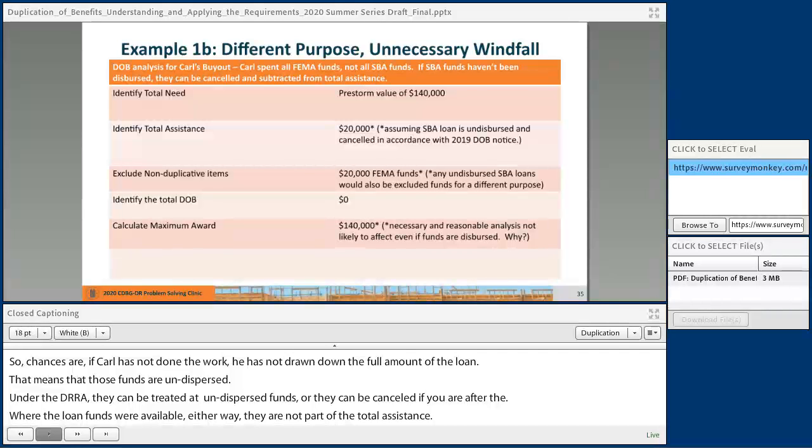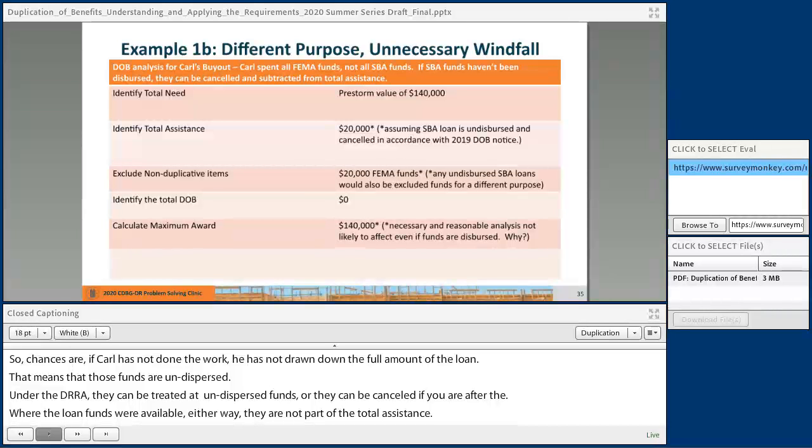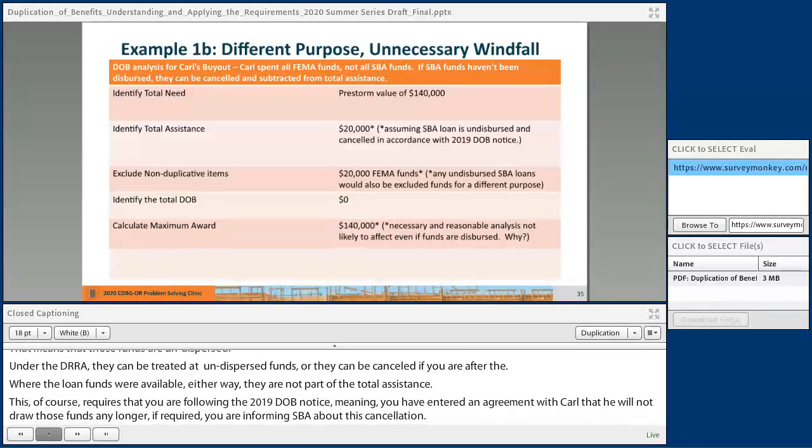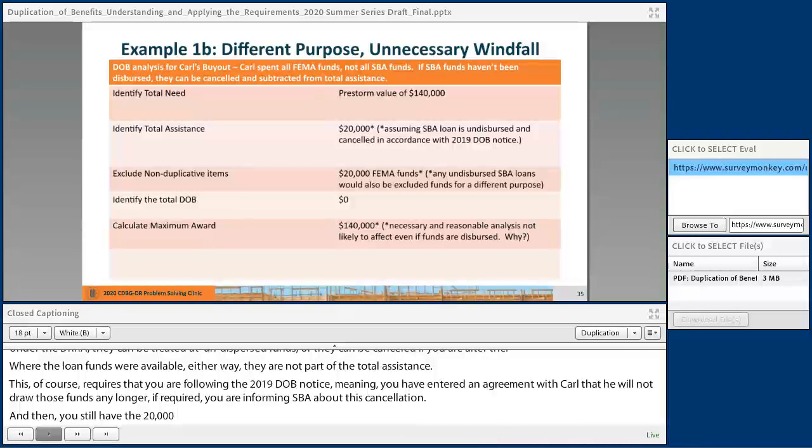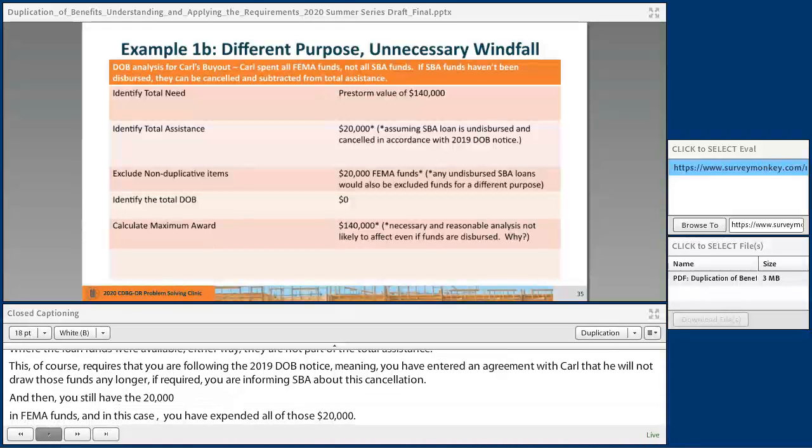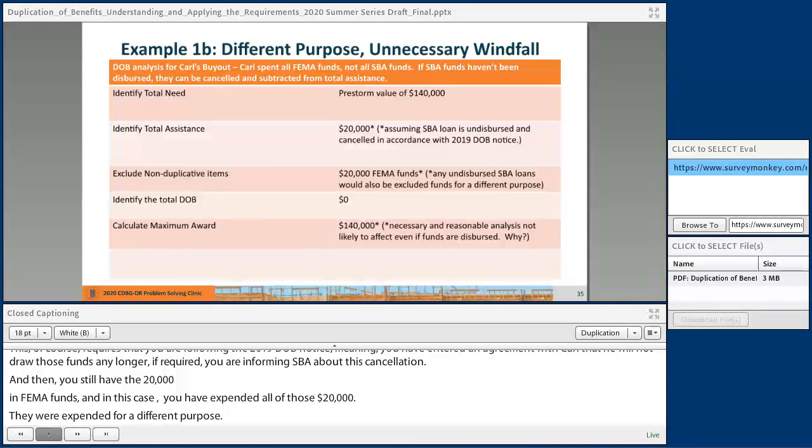Then you still have the $20,000 in FEMA funds, but in this case, you've expended all of those $20,000. They were expended for a different purpose, and that purpose was rehabilitation. So it's a different purpose. It's not duplicative. So the total duplication of benefits amount is 0.